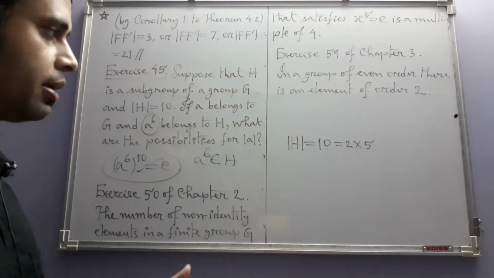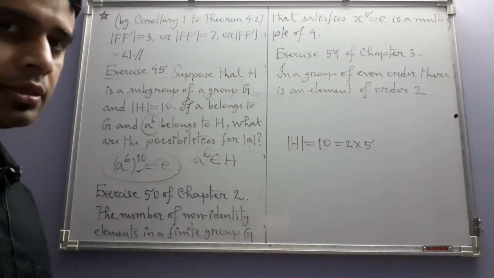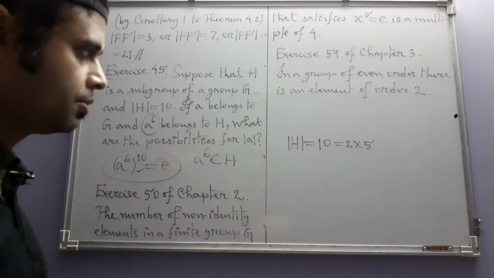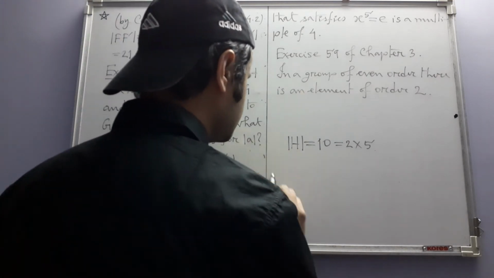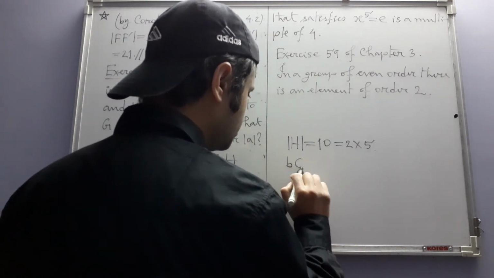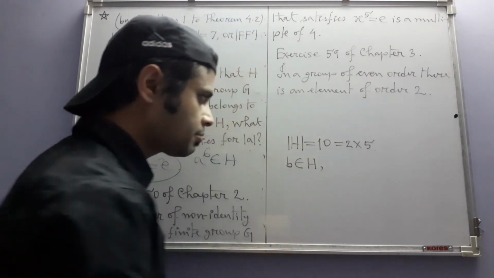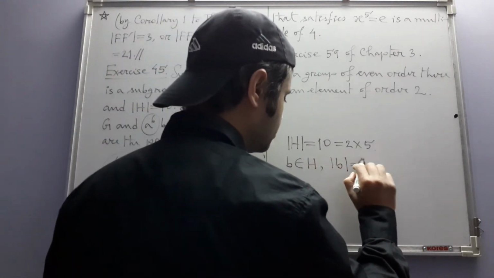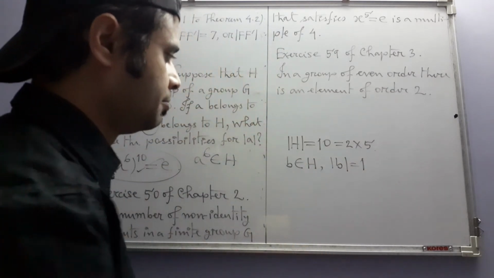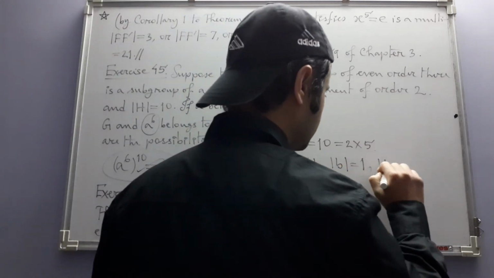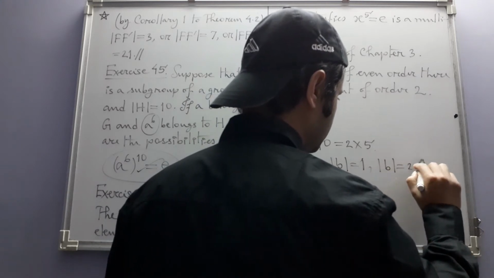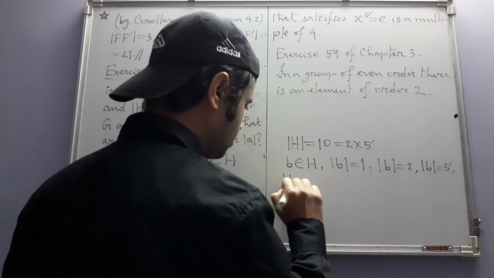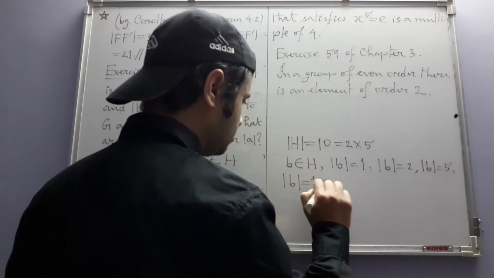If we assume that Lagrange's theorem in general is true, right now, prematurely, without any proof, then it says that any element b in H must have order either 1, because it should divide 10, or 2, or 5, or 10.